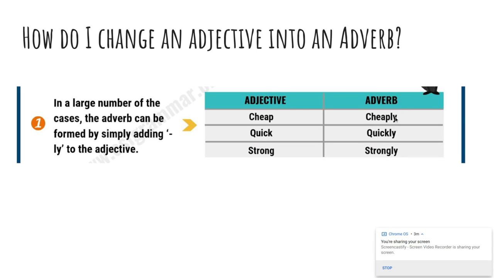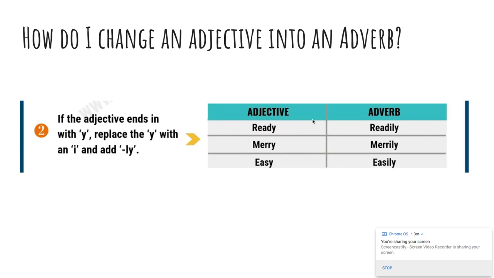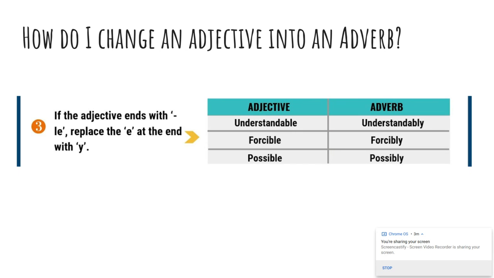We're just adding ly. There are some differences depending on the spelling of the adjective. If the adjective ends in y, we're going to have to change that y to an i. So ready becomes readily. Merry becomes merrily. Easy becomes easily.